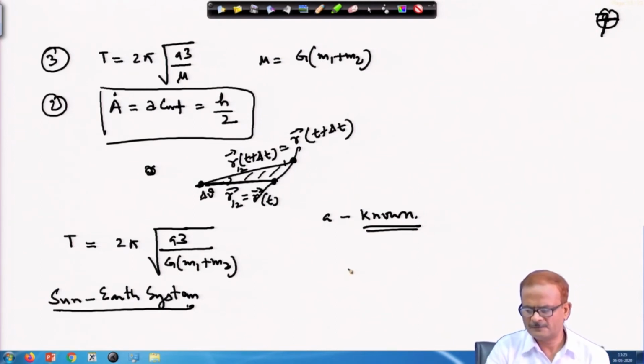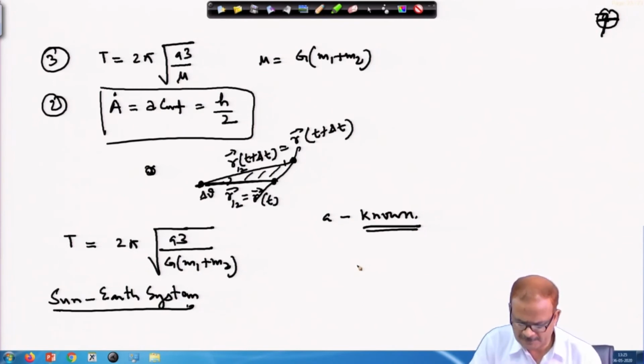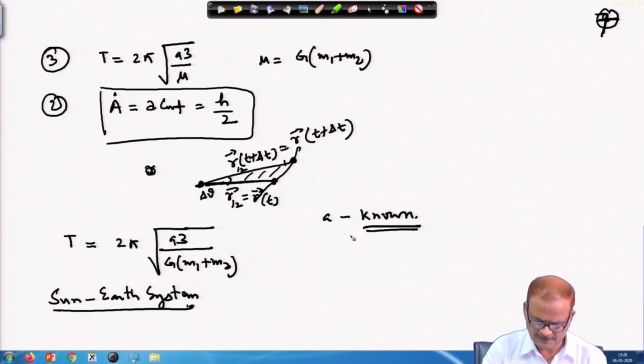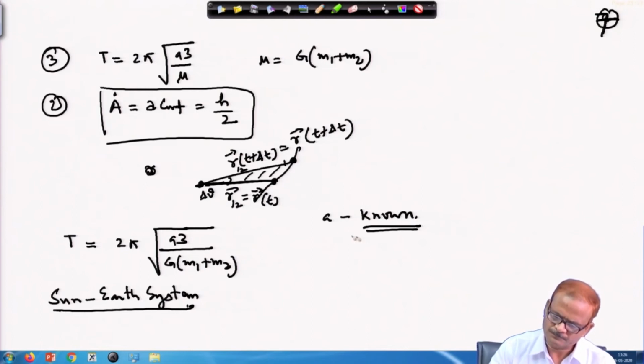Distances of the stars are determined using the parallax method. You can find it in any astronomy book, even BSc level. So, this semi major axis is known.